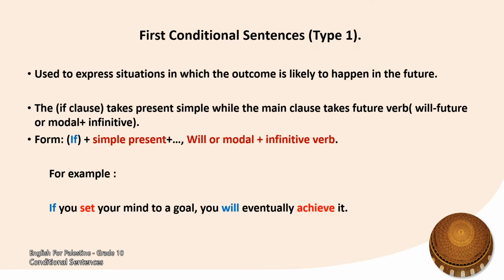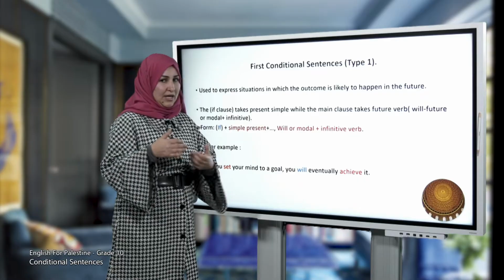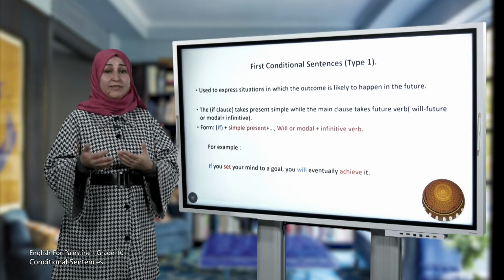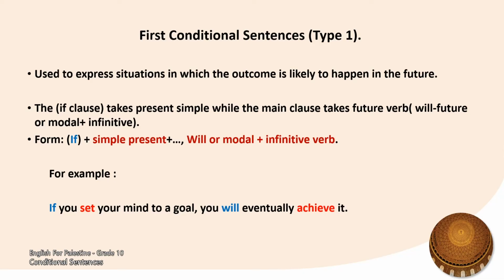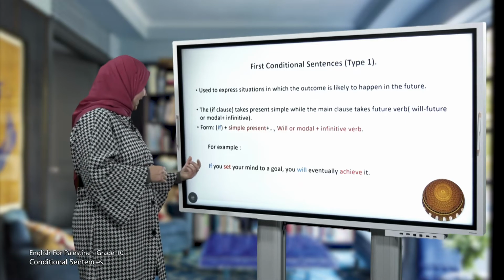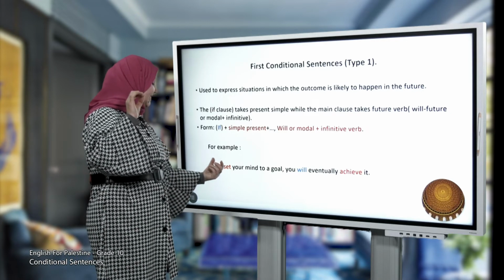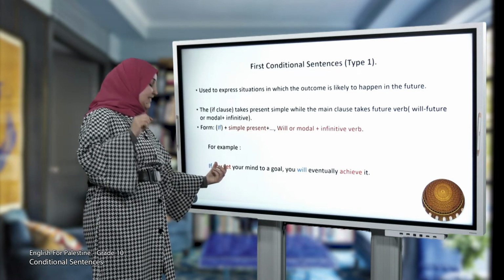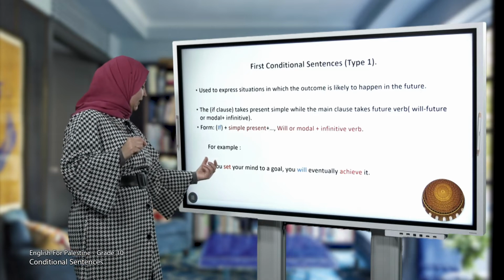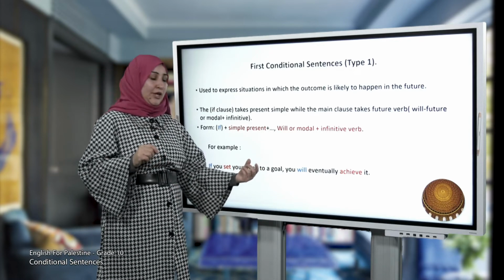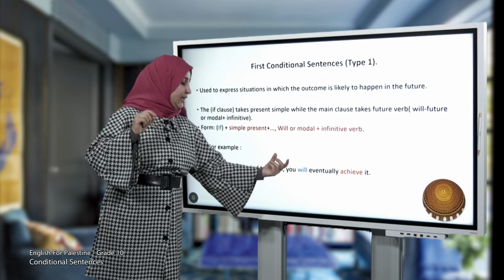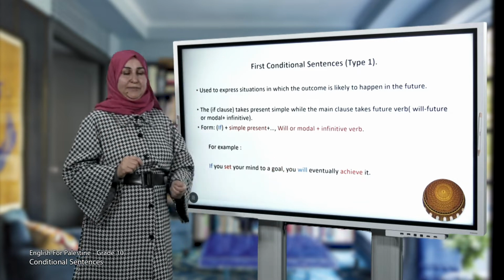The second clause will or any other modal, such as can, may, plus verb infinitive. For example, if you set your mind to a goal, you will eventually achieve it. Again, if you set, notice that the verb set is simple present, your mind to a goal, you will eventually achieve it.